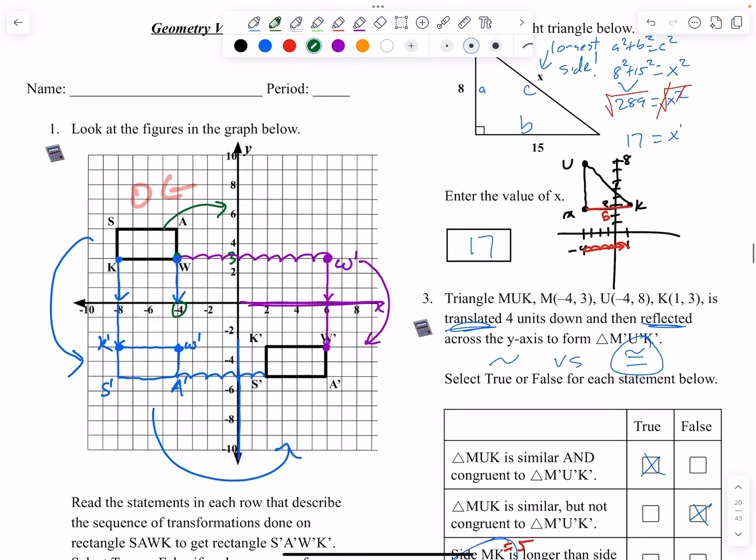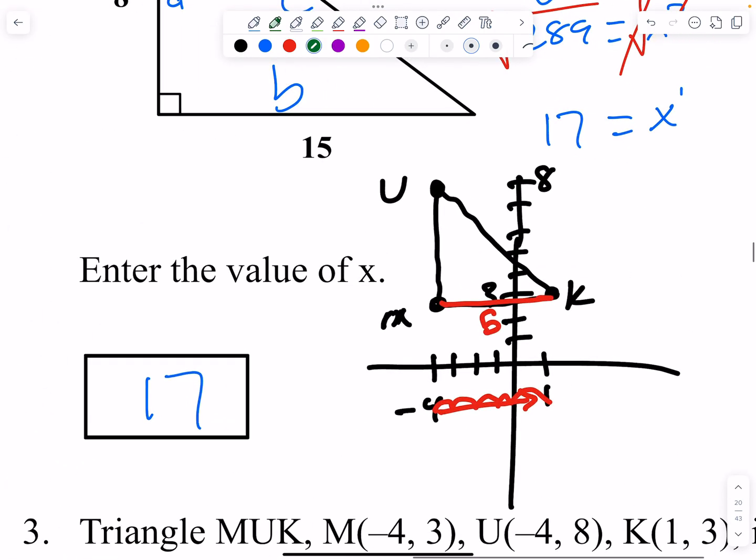What about UK? I don't know what UK is. But if you think about it, it's a right triangle, right? And I said earlier that the hypotenuse is longer than the other two sides. So if that one is 5, then this one was 5 because I went from 3 to 8. So that means that UK is longer.